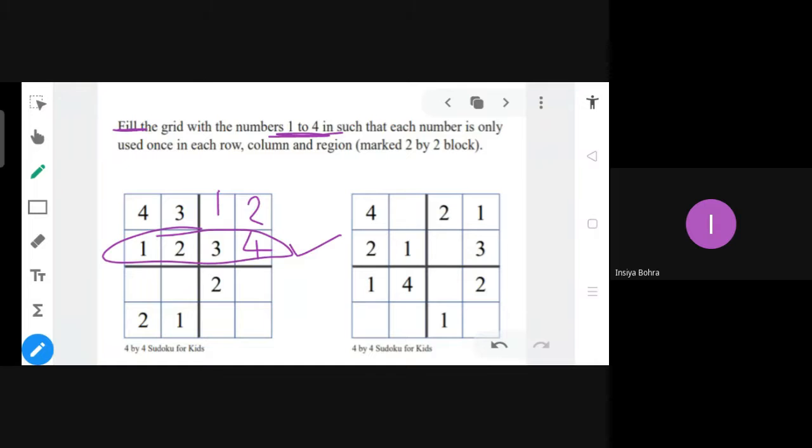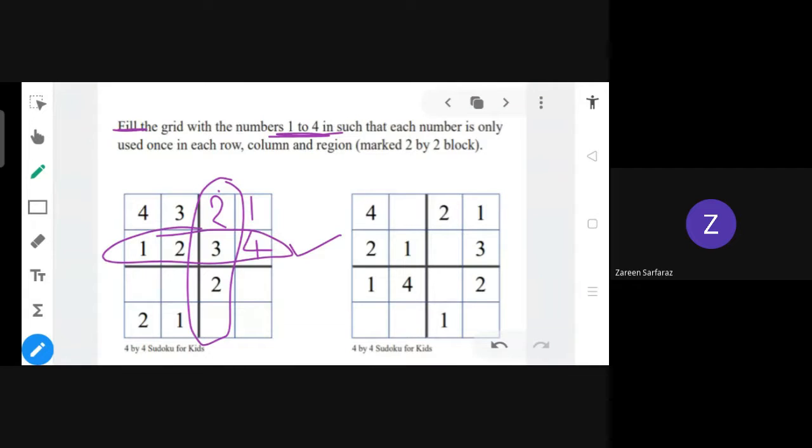But suppose you write 1 here and 2 here. Then in one line, how many times is two there? Two is already there, can you see? So we can't write two here and one here. Why? Because in this line two would be there two times.